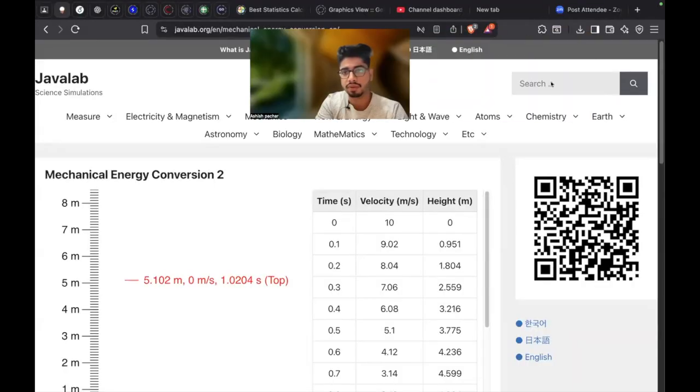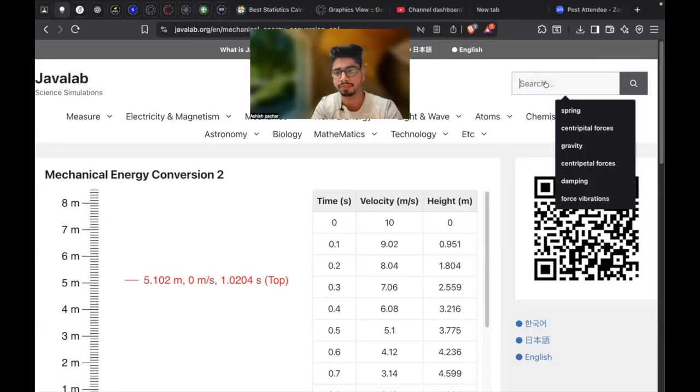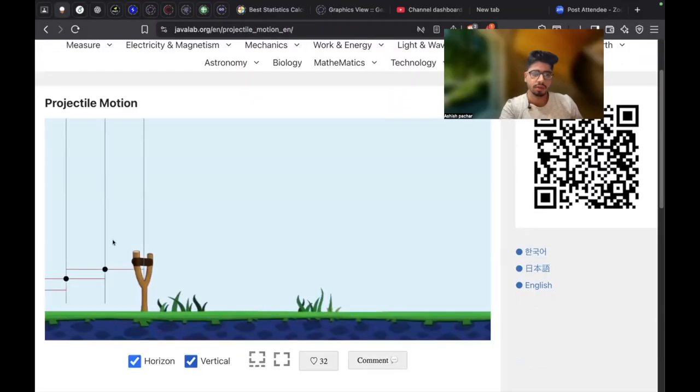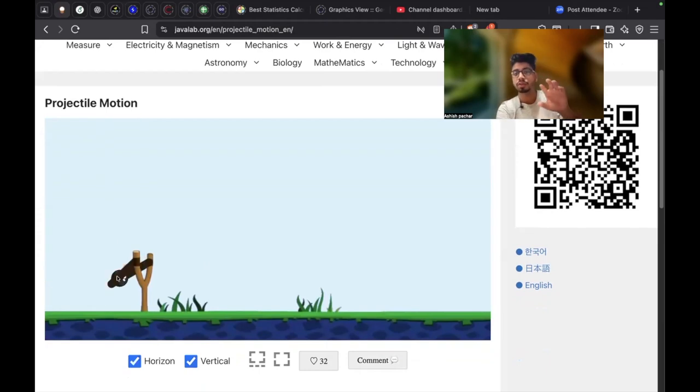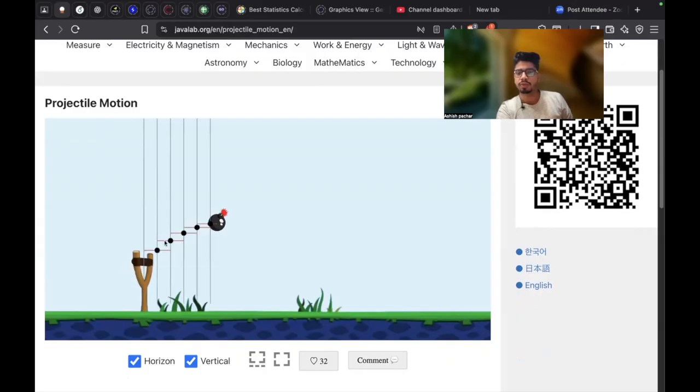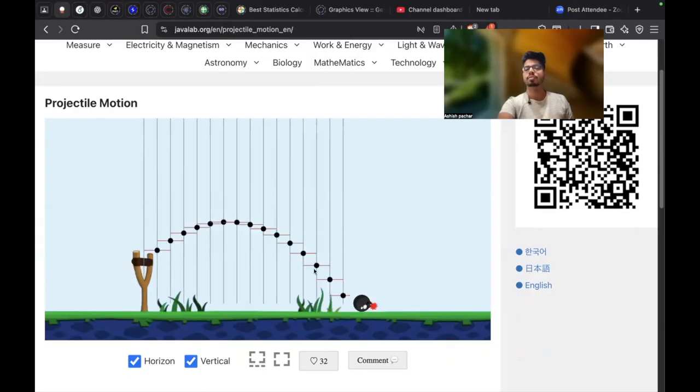Now if I show you the projectile motion, I will try to explain. You are launching a ball or a sphere at some specific angle, and as you launch it, it follows projectile motion, as they have shown here.